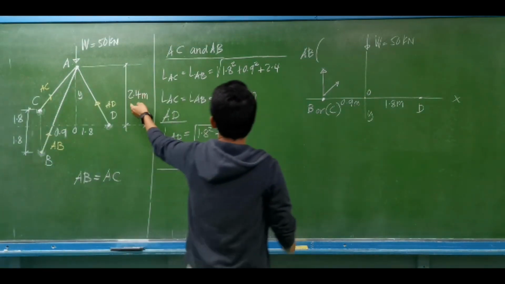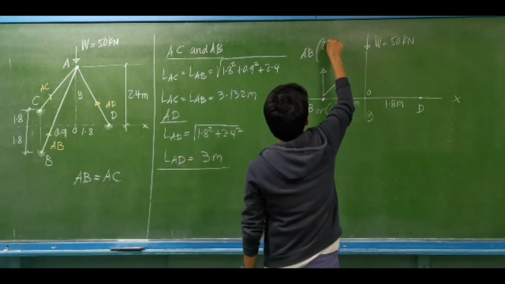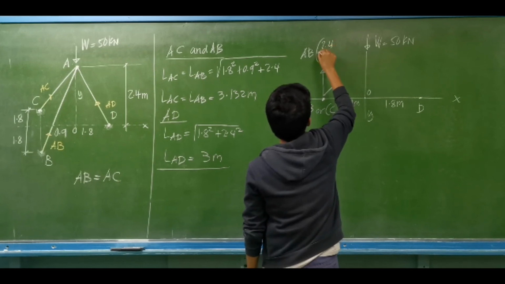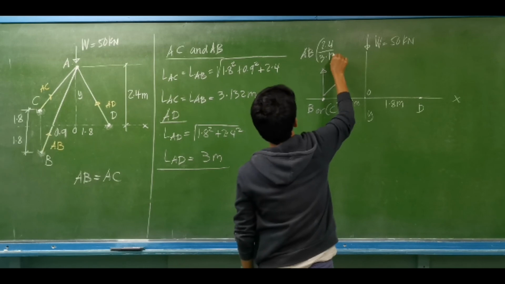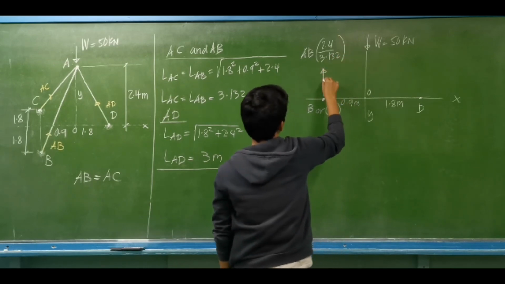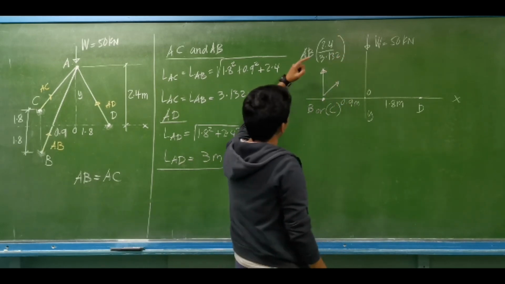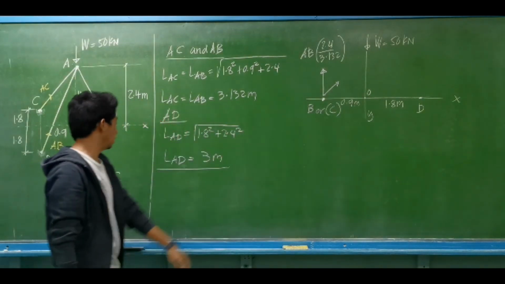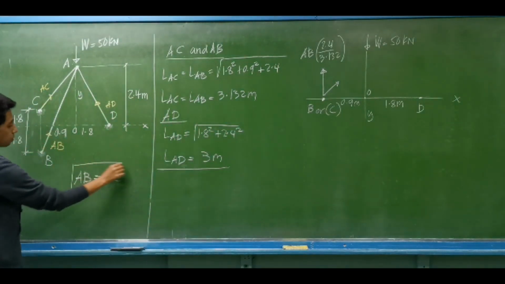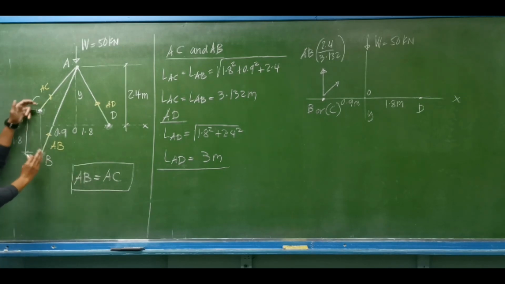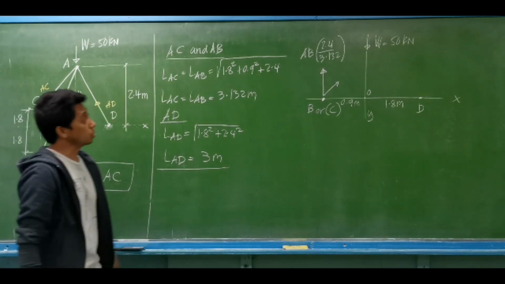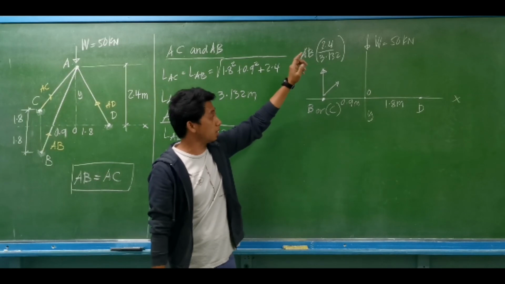We have the height of 2.4 divided by the length, 3.132 meters. Take note, the axial force for member AB is equal to the axial force for member AC since they are identical. So it is AB or AC.